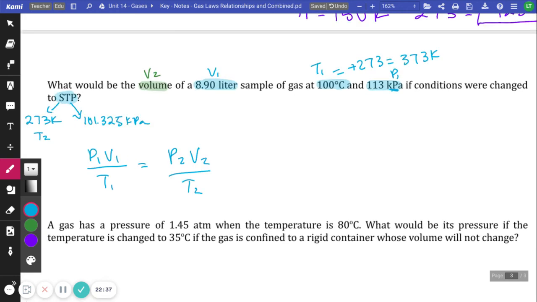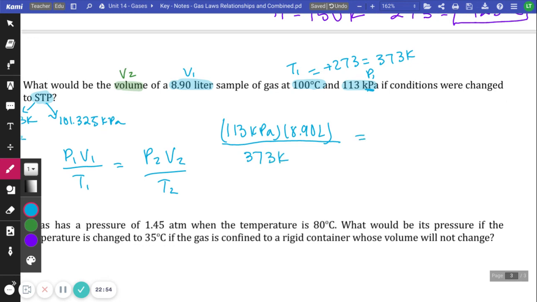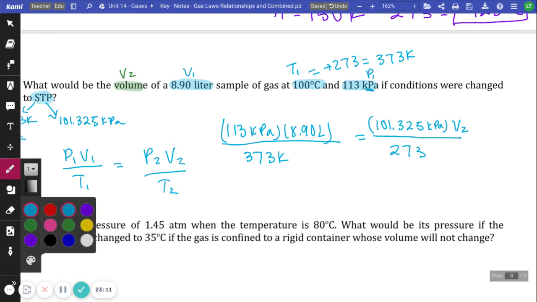So I have 113 kilopascals times 8.90 liters divided by T1, which is 373 Kelvin, is equal to P2, which is 101.325 kilopascals times our second volume, all over T2, which is going to be 273.